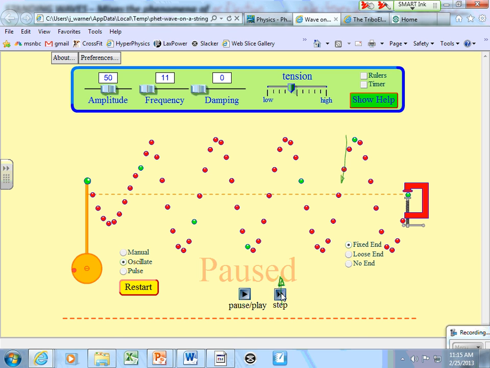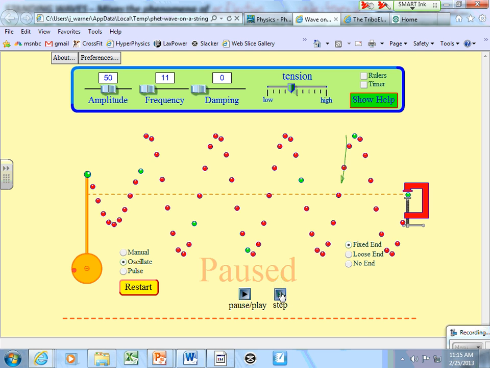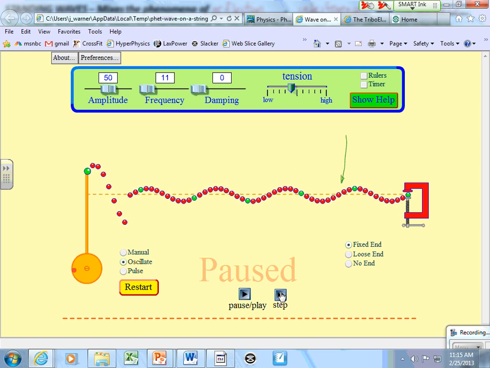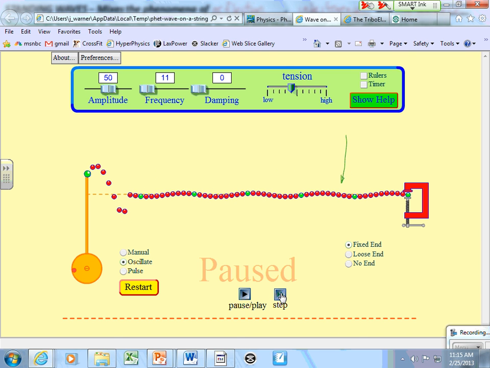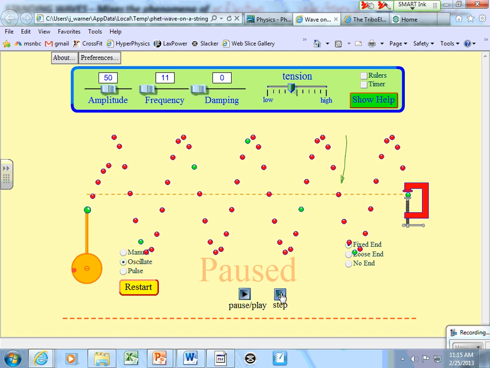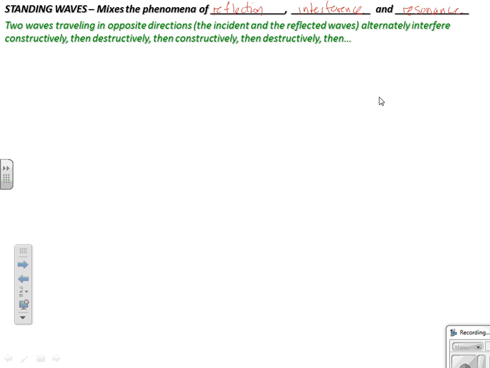We keep stepping forward, and we'll get back to a place where the waves interfere destructively, and then constructively again. So we get that pattern of constructive, destructive, constructive, destructive.